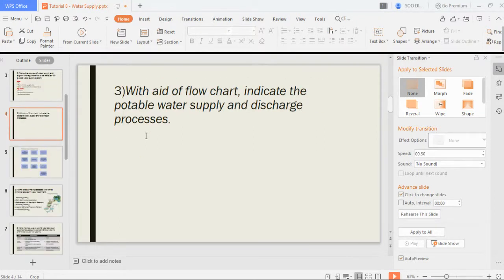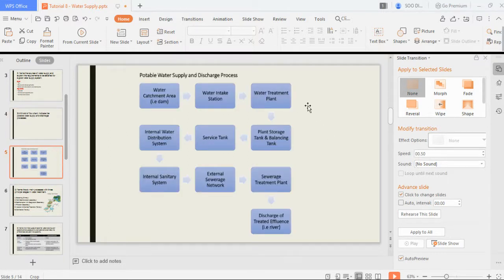Okay, so next is the flowchart question: indicate the potable water supply and discharge process. For this question, you just show how the flow of water goes. First we have our water catchment area, which is usually the dam, and then we have our water intake station.